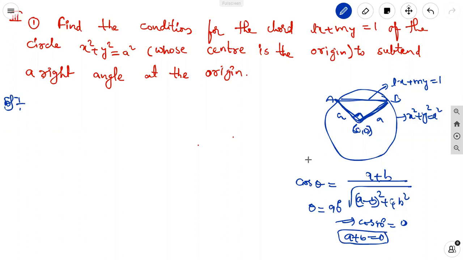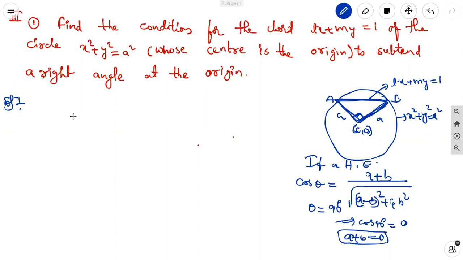If the equation is a homogeneous equation, first the given curve or circle equation can be reduced to homogeneous by the line equation Lx plus My equal to 1.